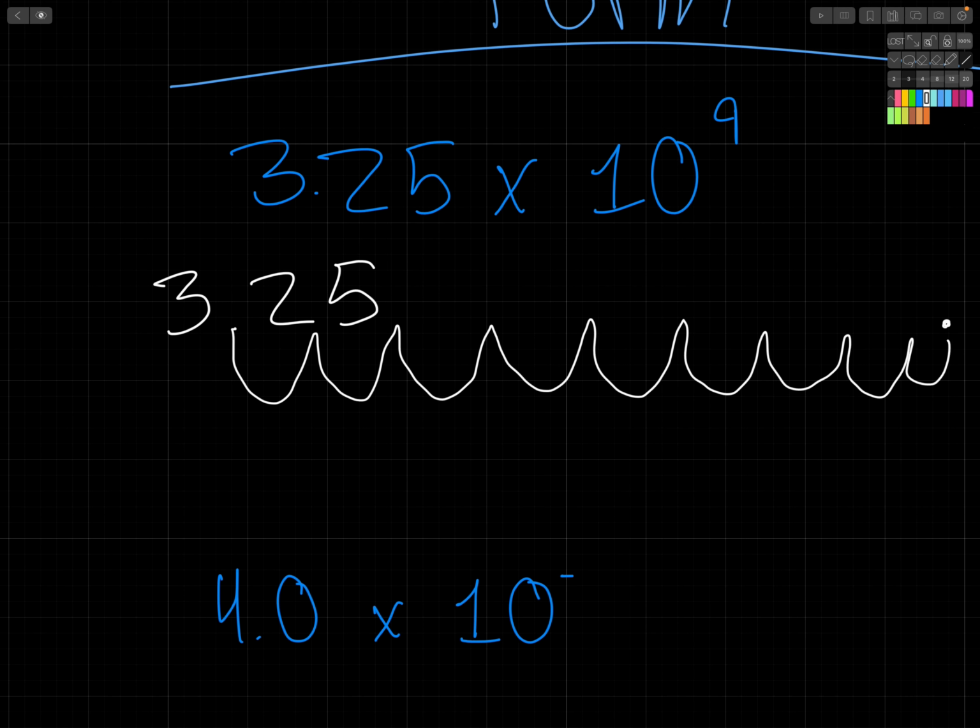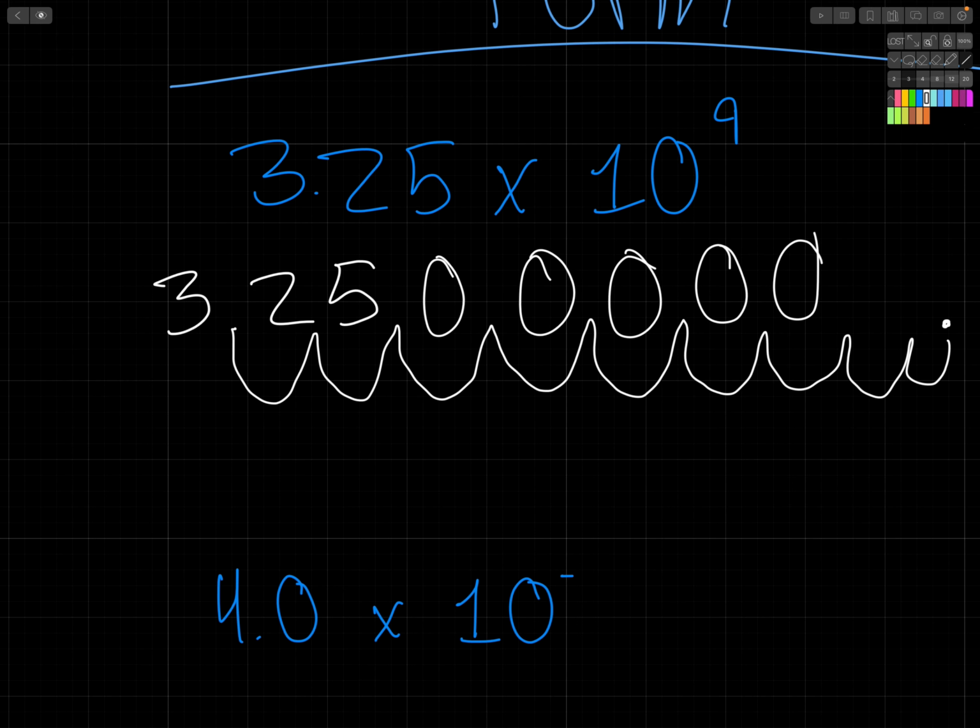So the decimal place is here, and each blank space is a 0. So 0, 0, 0, 0, 0, 0, 0. And boom, you got your number, which is really huge. This would be your expanded form.